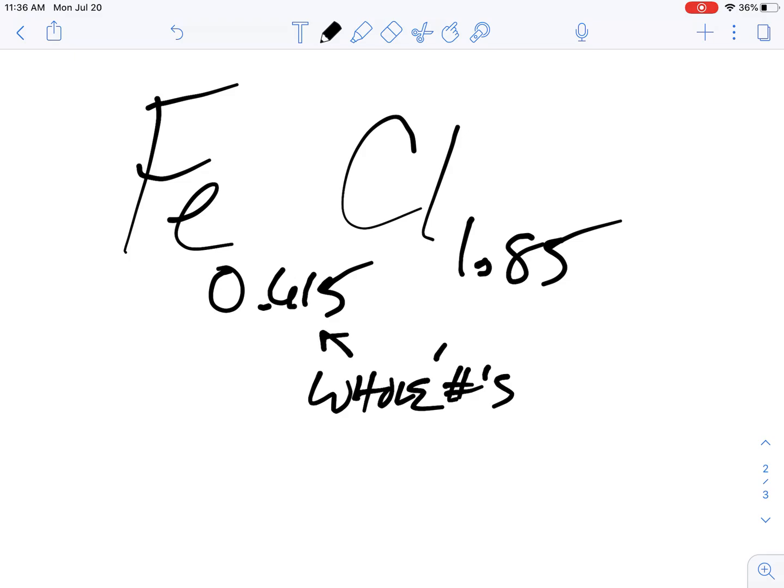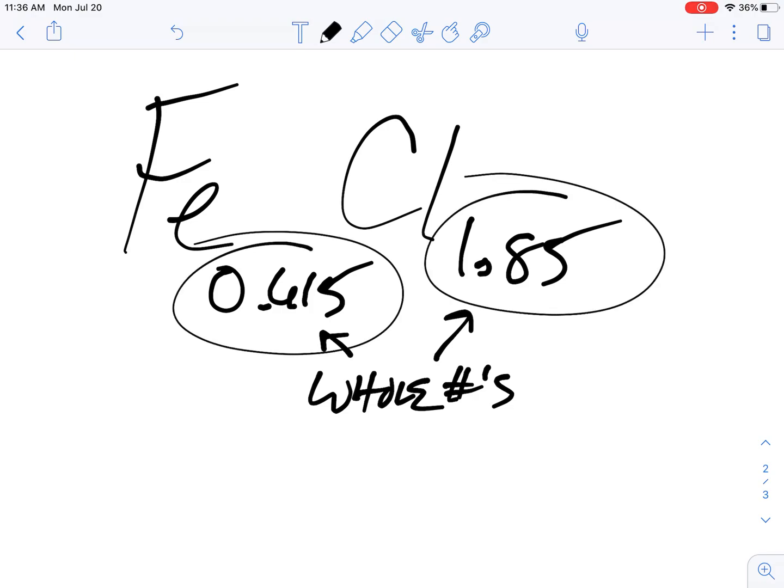So if they are supposed to be whole numbers, then what we are going to have to do is take these fractional numbers and turn them into relative amounts. Now again, this and this are already a relative amount. For every 0.615 that's here, there's 1.85 of them over here. But we don't want fractional numbers, we want whole numbers.